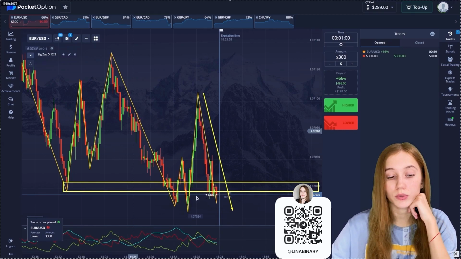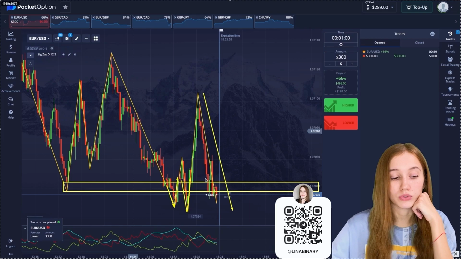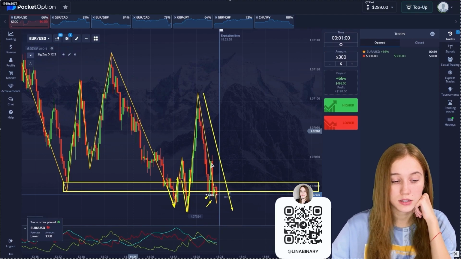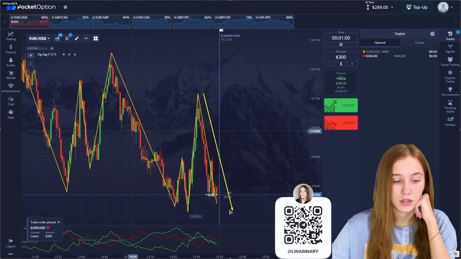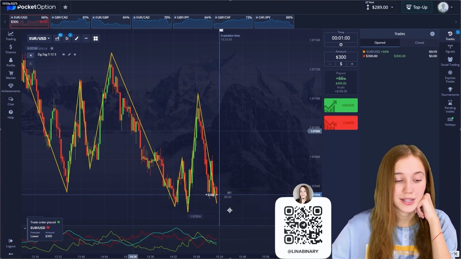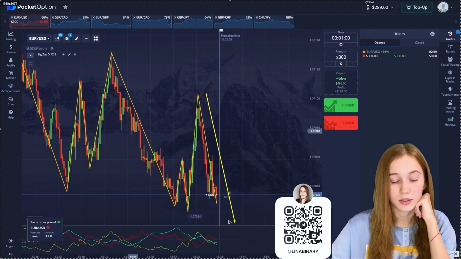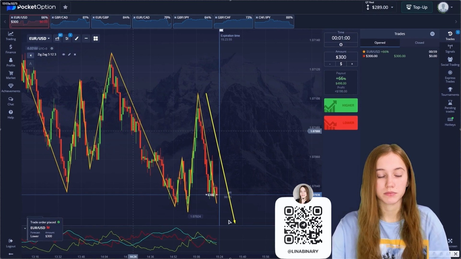Next we see the support area. The price came and rolled back many times. I think we will break through the support area. By the zigzag indicator, we see that we have a downward trend and the chart is going down. Good.